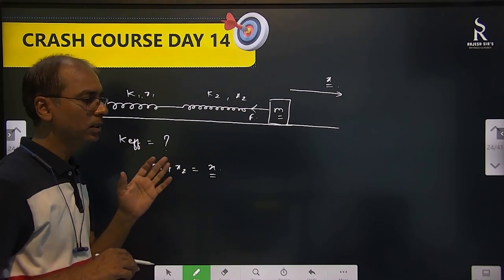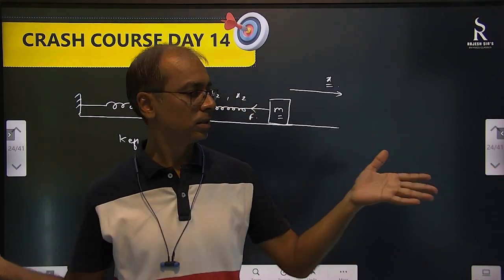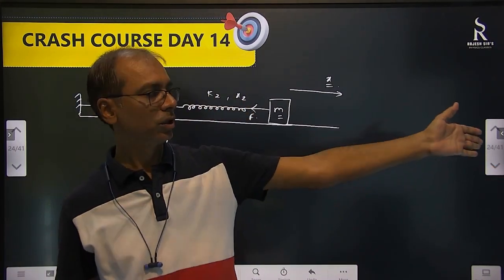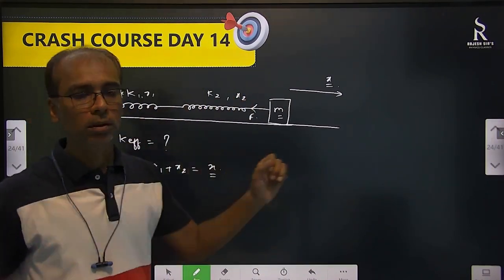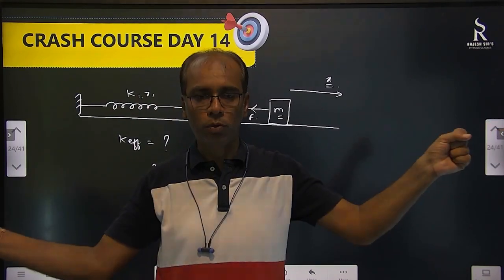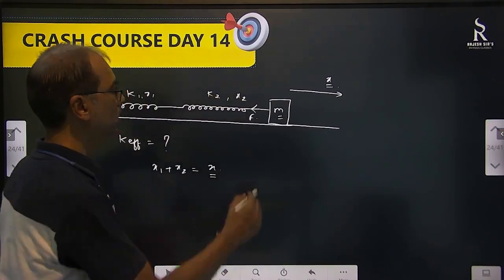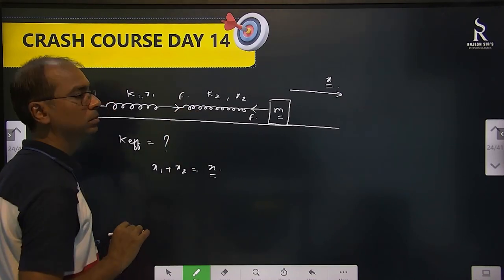The reason is that this side you applied the force and stretched it, and this side also gets stretched because this is tied here. So if you want to come back, it will apply the force in both ways. Here it is applying, here also it will apply the same force.